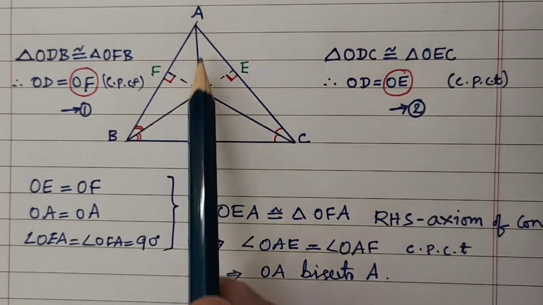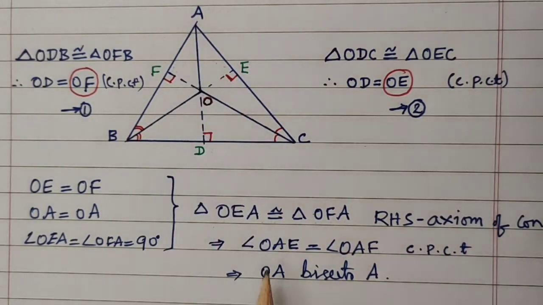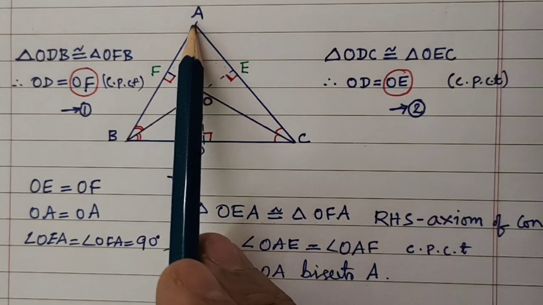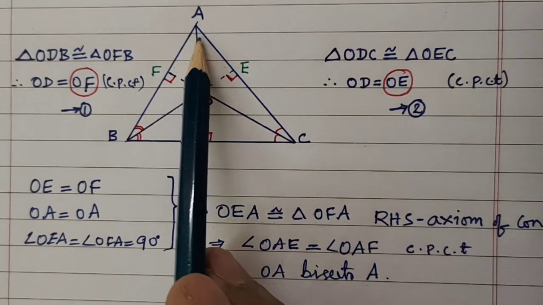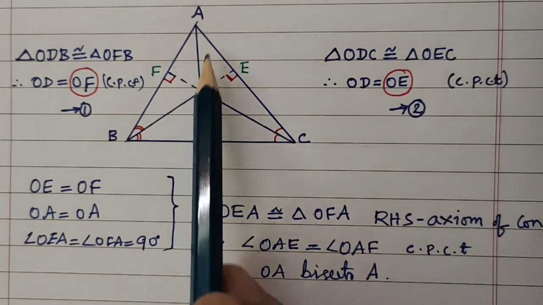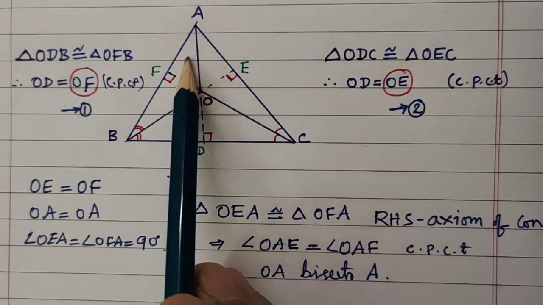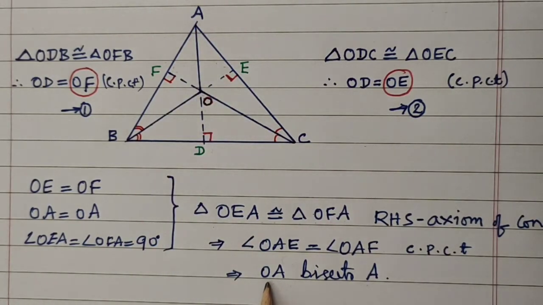That means OA bisects angle A. When these two angles are equal, AO is bisecting that angle. That is the proof that they asked us to prove, so we have proved it.